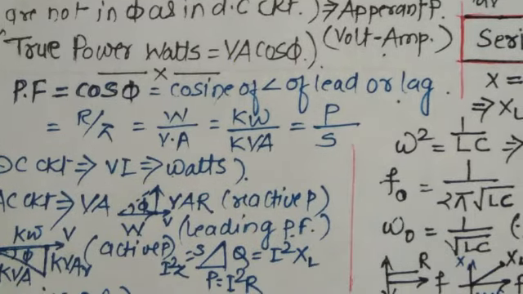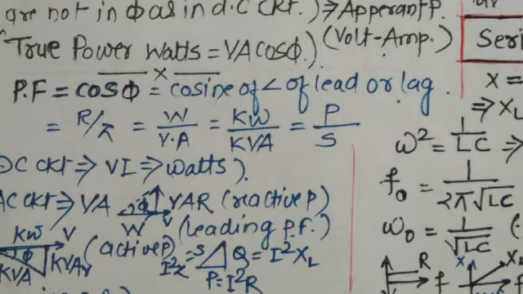Then what is power factor? It is cos phi, the cosine of the angle of lead or lag between voltage and current. So cos phi is R by Z, or watt upon VA.